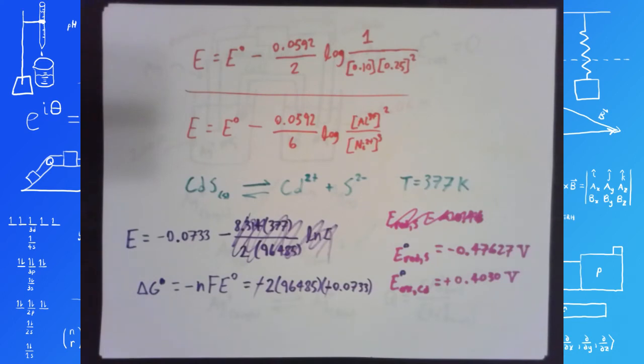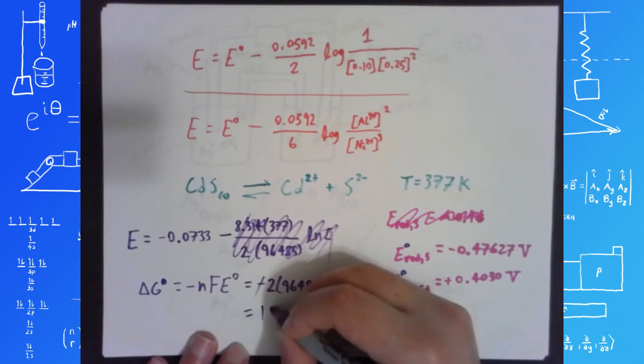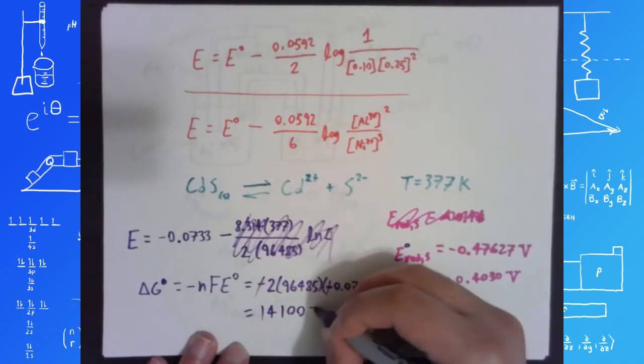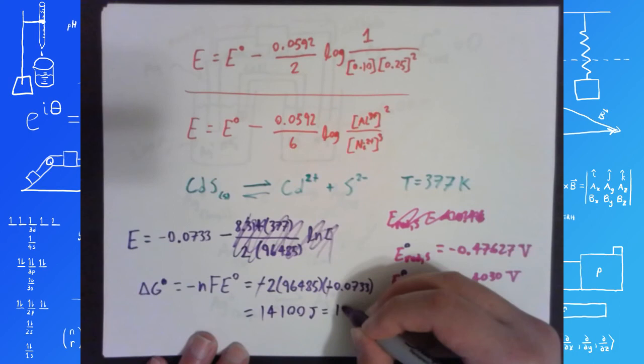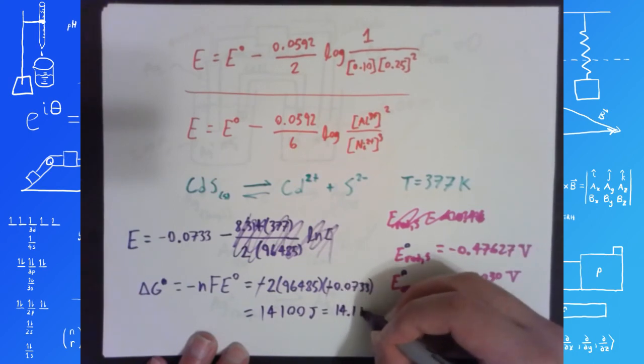And then 7,070 times 2 is 14,140, which I guess in 3 sig figs is 14,100. That's 14,100 joules, which equals 14.1 in kilojoules.